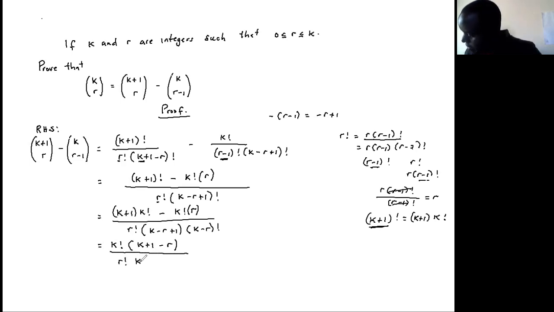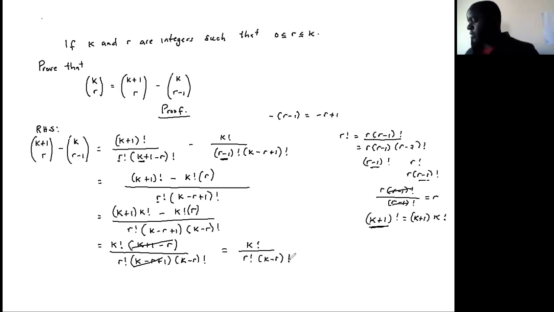We have K minus R factorial. I can write the denominator if I want, or just the same way. And this is the same as this part, so we can take away this part. So we have K factorial over R factorial, K minus R factorial.